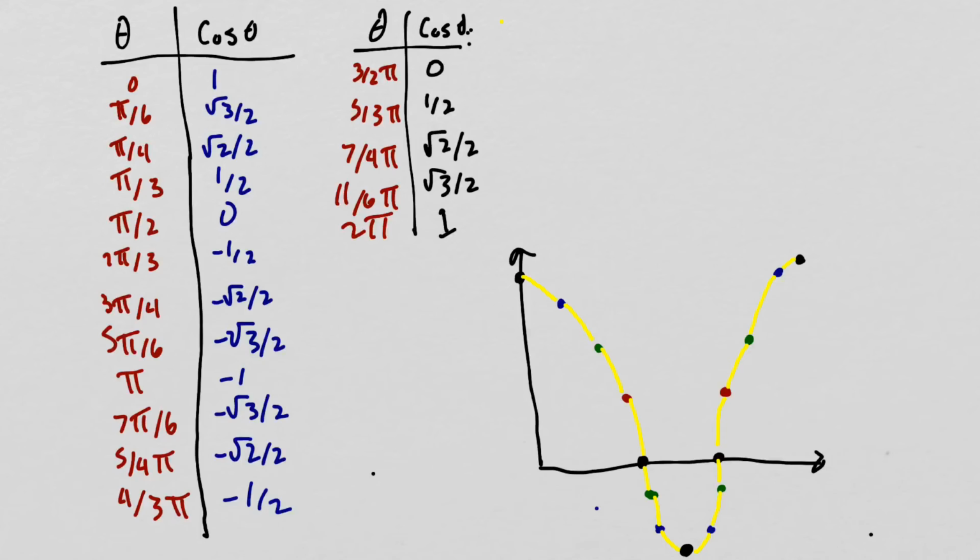Now that we see the basic structure of the graph from 0 to 2 pi for both sine and cosine, we can go ahead and extend this from negative infinity to infinity. Again, the way we can do this is because trig functions have repeated values in sets of 2 pi.